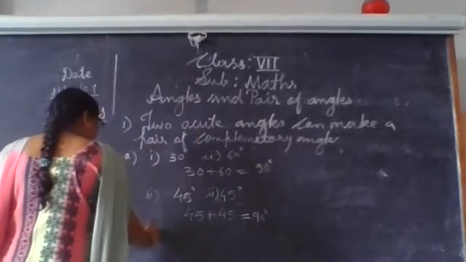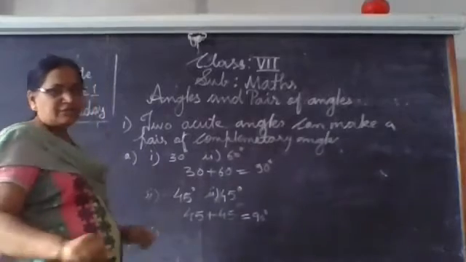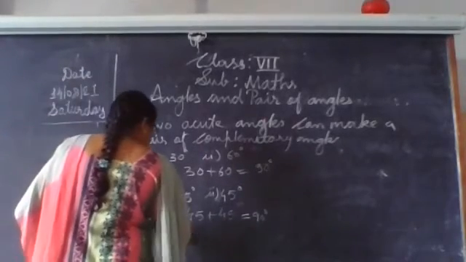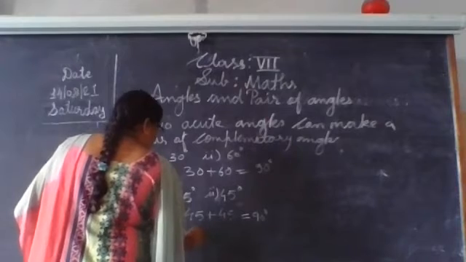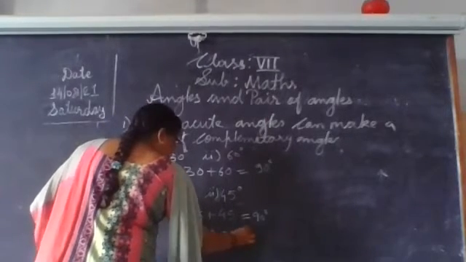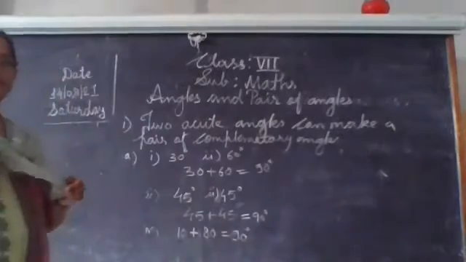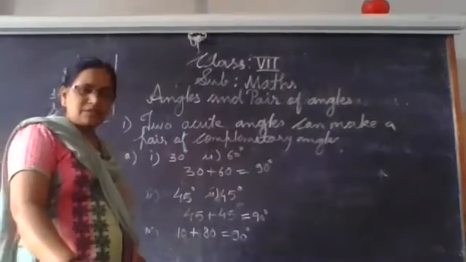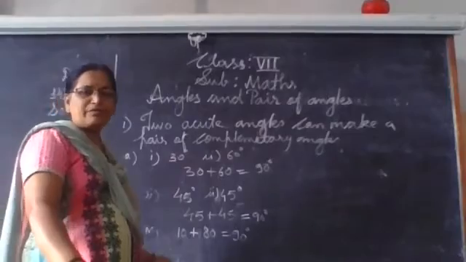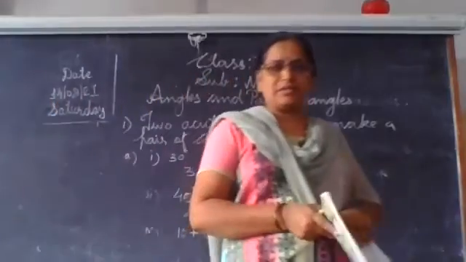Or let us see one more example. If one angle is 10 degrees and another is 80 degrees. So children, yes, it is true. Two acute angles can make a pair of complementary angles.